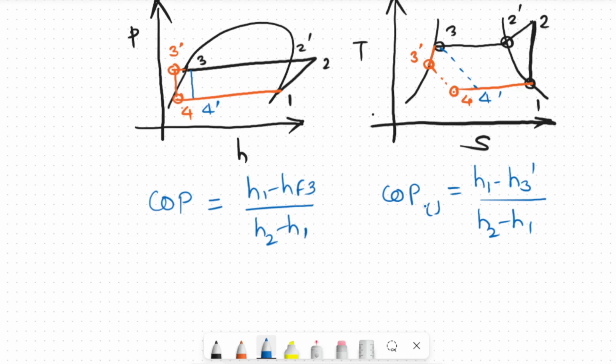Here the length of the line 4 to 1 is more than 4 dash to 1. It means that for the same capacity of the compressor, we are getting more refrigeration or cooling effect. So these are the things which are used to increase the refrigeration effect, keeping other things constant.